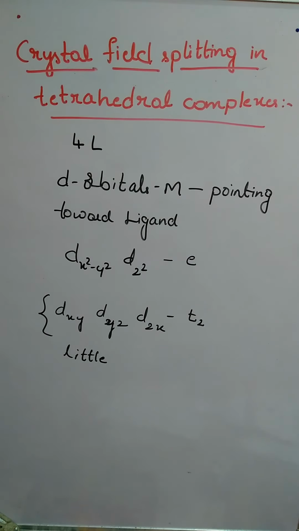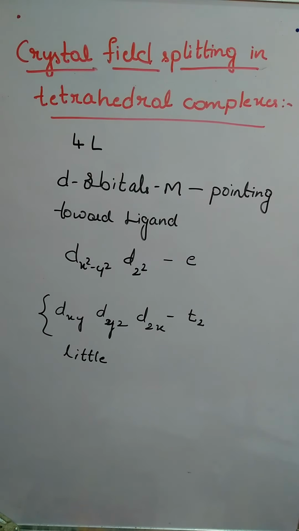Those are the very important points, so note them down here. First thing, the ligand is not exactly pointing towards d orbitals of metal.